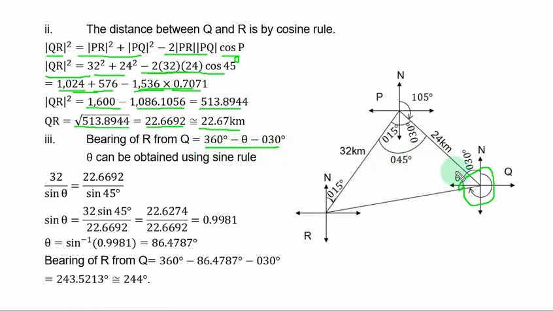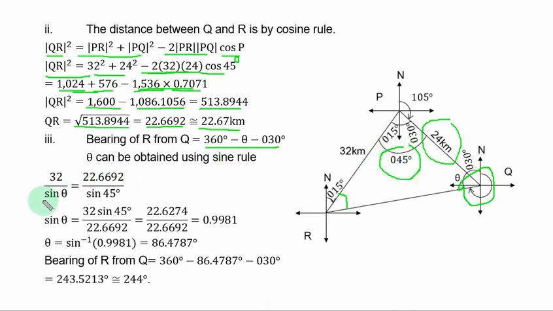To get theta, this is what happens. This angle, the side facing it is known. You cannot use this side because the angle is not known. So you have to use this side since QR is not known and the angle facing it is also known.